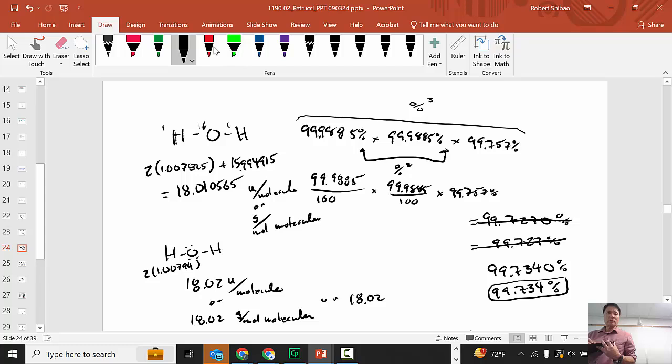And that's not going to work because that has no meaning. However, we should leave one of these percents there. This is like a composite unit that we've already been dealing with. So if we leave one of these percents there, let's say the O16, it doesn't matter which one, but we'll leave the O16 here. And then we've got to get rid of this percent squared.